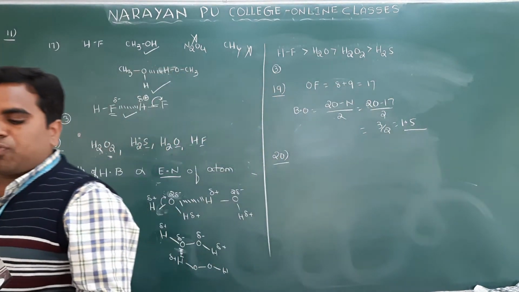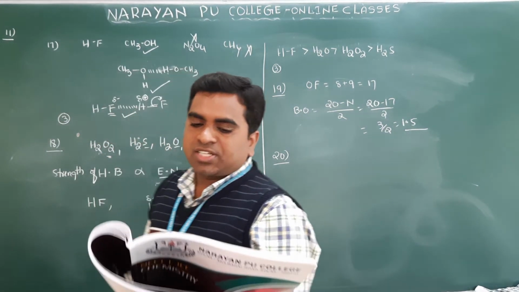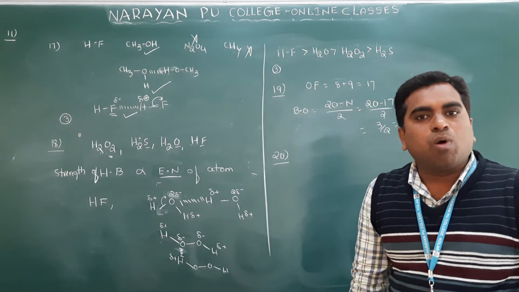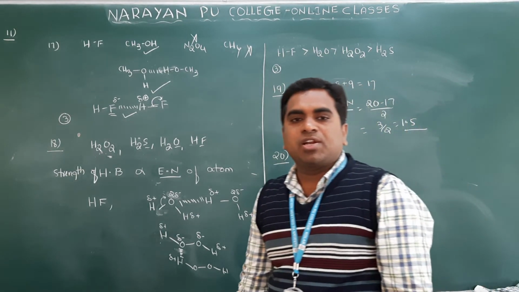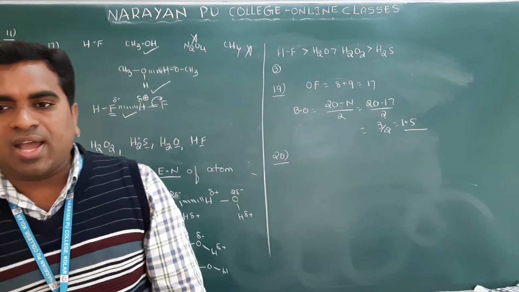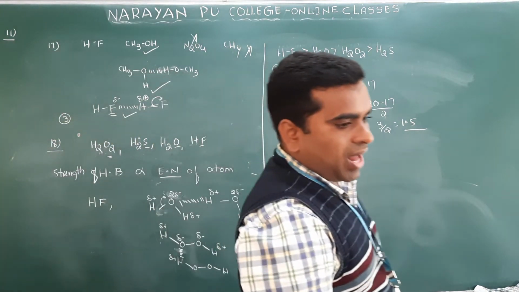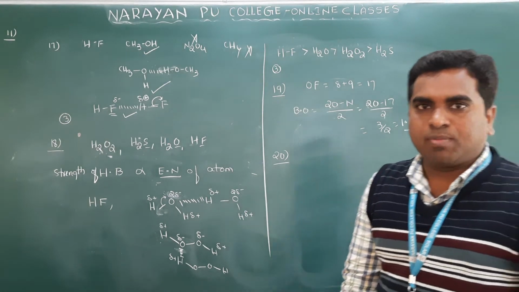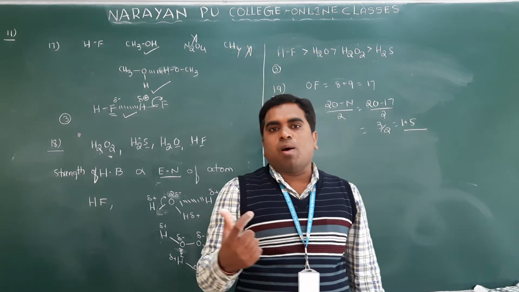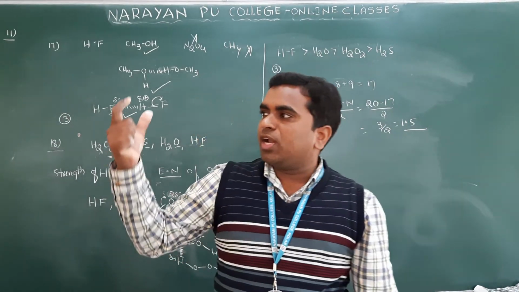Which of the following contains electrovalent and covalent bonds? Electrovalent means which bond? Ionic bond, and they are asking covalent bond also. I already said the criteria for the ionic bond. Ionic bond is formed between a metal and a non-metal.